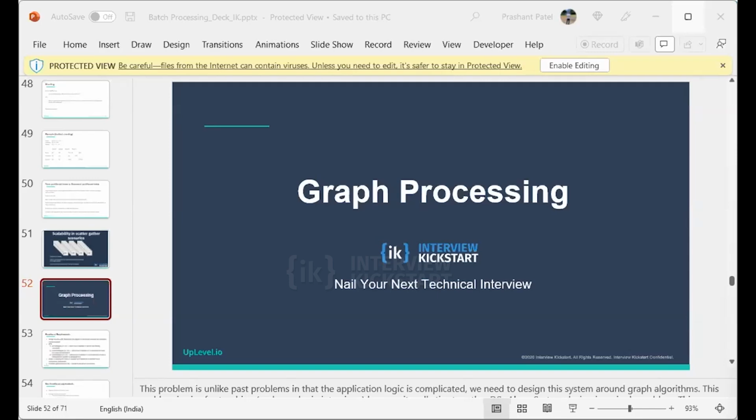Whenever a person creates a new connection, most probably it's not something that happens on the go. If somebody has created a connection and their connections want to get a notification immediately, this is not going to happen.